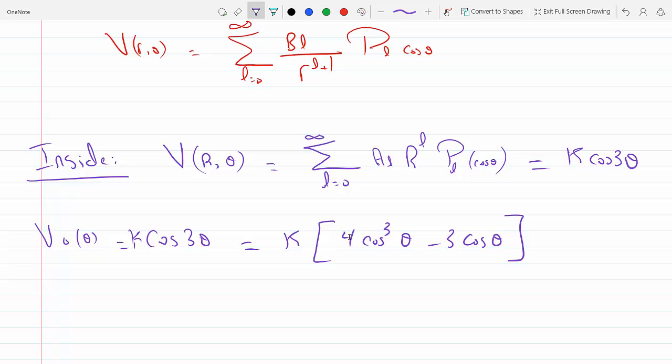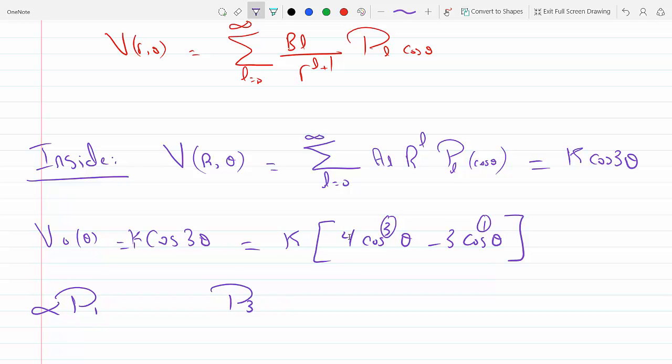Since the degree of this polynomial is odd, because I have 3 and 1, I only need P1 and P3.